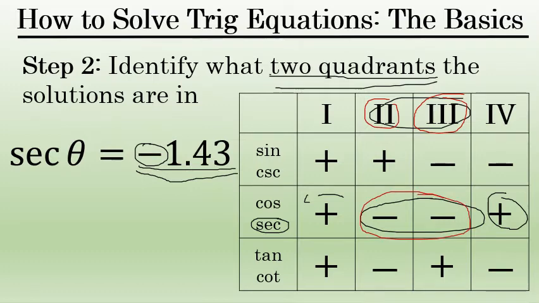So since the secant of theta equals a negative number, the 2 quadrants the solutions are in are quadrants 2 and 3. So there will be 2 solutions. The quadrant 2 solution will be between 90 and 180 degrees, and the quadrant 3 solution will be between 180 and 270 degrees.